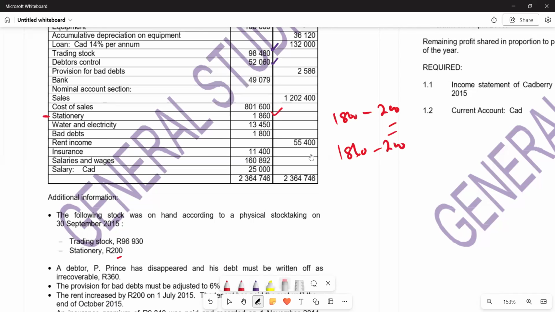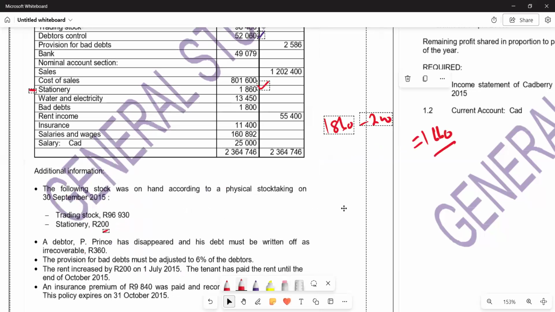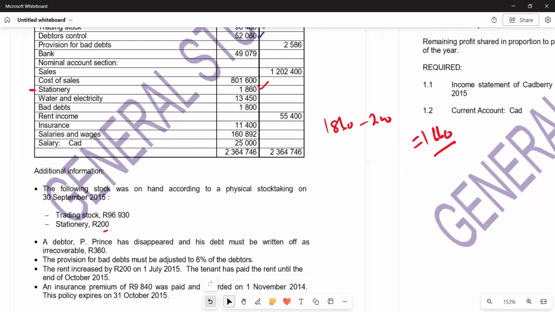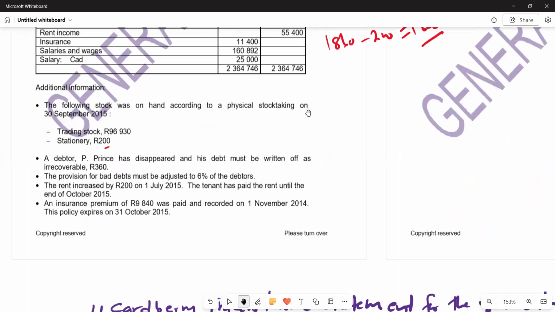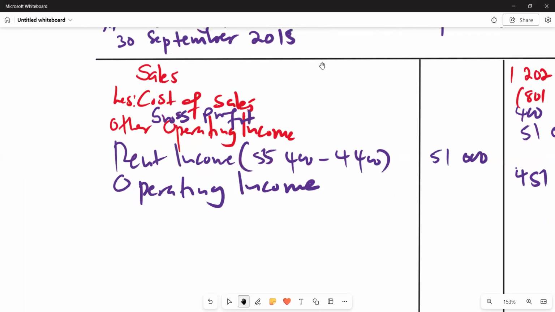And having presented it like that, our answer is equal to 1,660. So that is the figure for stationery. We can go there and summarize it as such. If you go down, we are saying stationery.